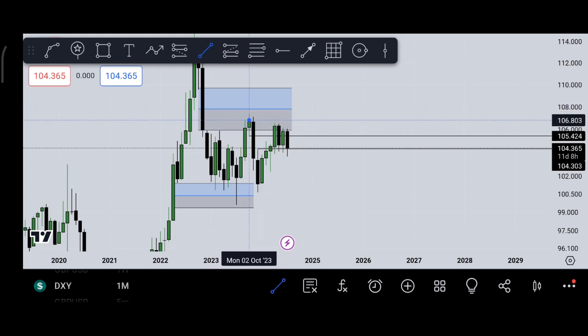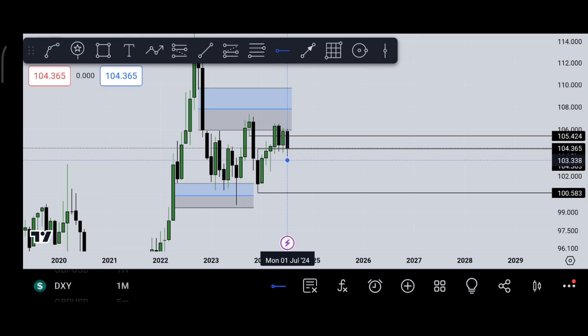Price then started rejecting, so we now have bearish momentum because this order block was expected. We are now expecting price to come down and take out these lows, because there are several liquidities right here.